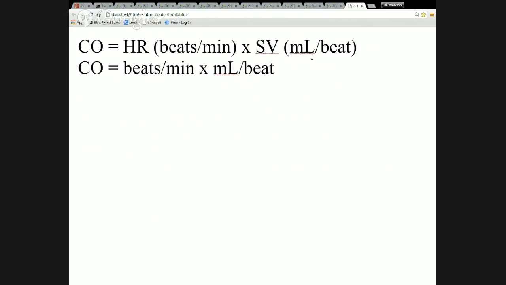And if we multiply those two ratios together, the beats in the heart rate will cancel out with the beats, which is always 1, in the stroke volume, which means that cardiac output is going to necessarily be milliliters per minute.